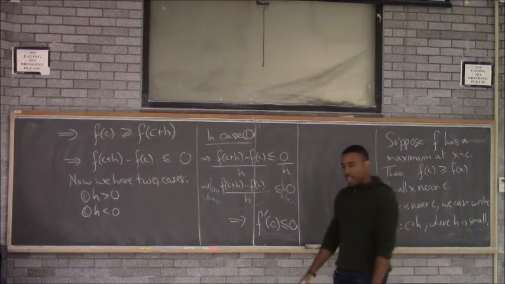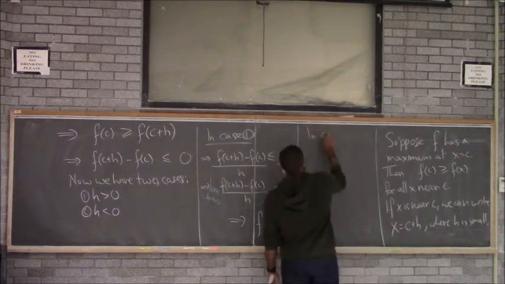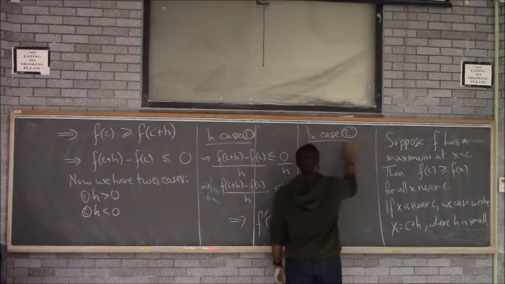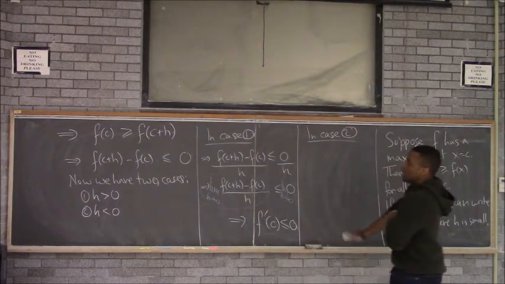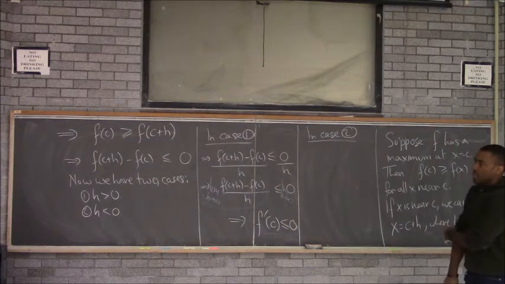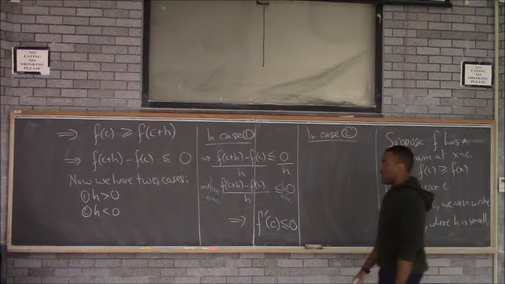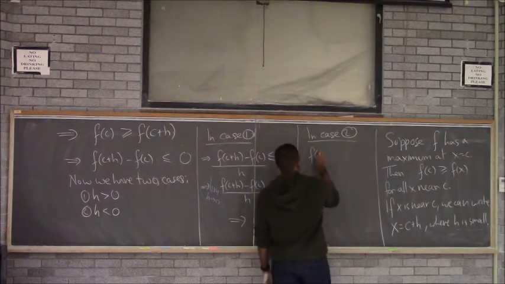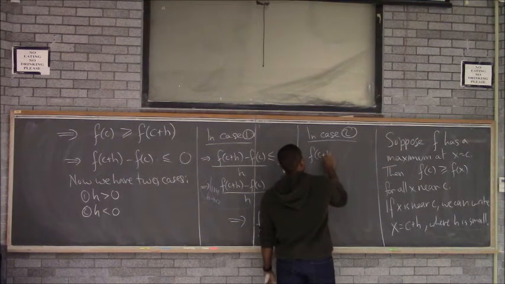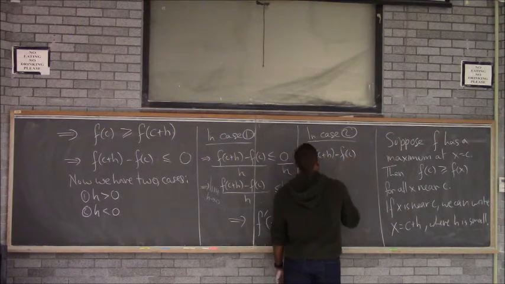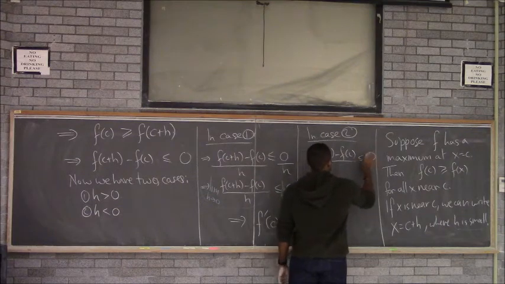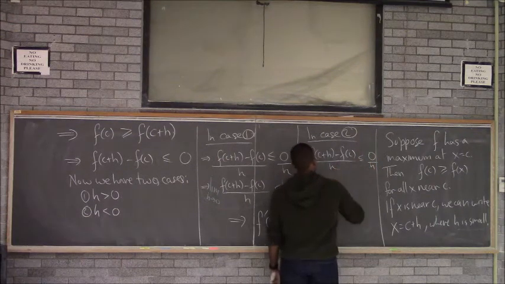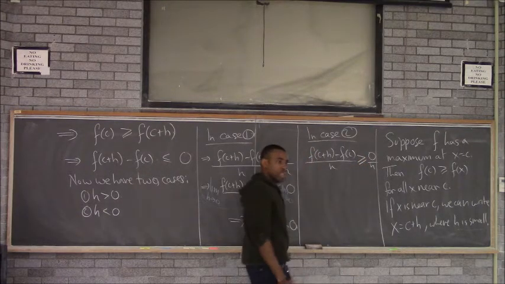Now suppose I'm looking on the other side. Suppose I'm looking at points that are to the left of the maximum. What that would mean is if I take this inequality and divide by h, what's going to happen? Well, the sign turns around. Right? That's how inequalities work.